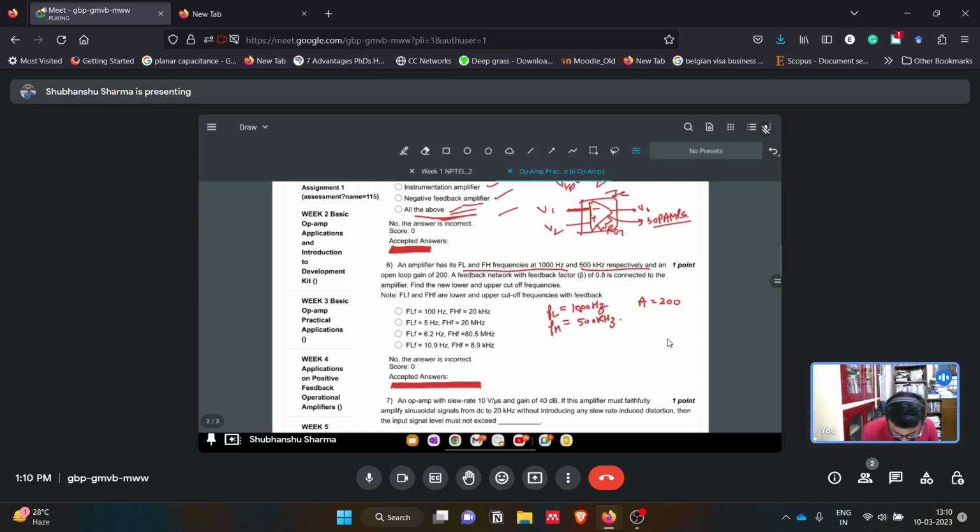Then a feedback network with feedback factor beta of 0.8 is connected to the amplifier. Find the new lower and upper cutoff frequencies. So it looks something like this: this is 1000 hertz, this is 500 kilohertz.